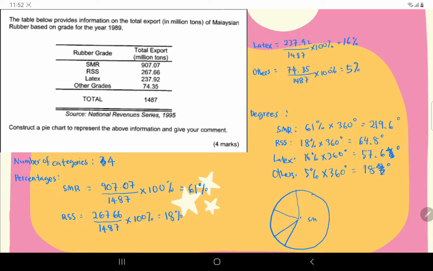This is for SMR, 61%. And then this one is for RSS, 18%, latex 16%, and others 5%. Okay, so your pie chart should be like this.